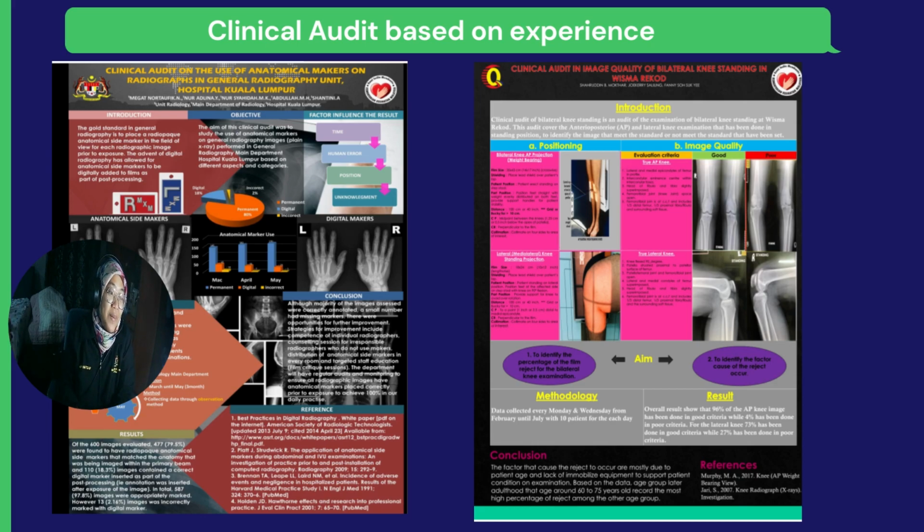This is an example from another unit, which is an audit about anatomical marker usage in radiographs and about the positioning of the bilateral knee. So they highlighted the mistakes and showed them to other radiographers.